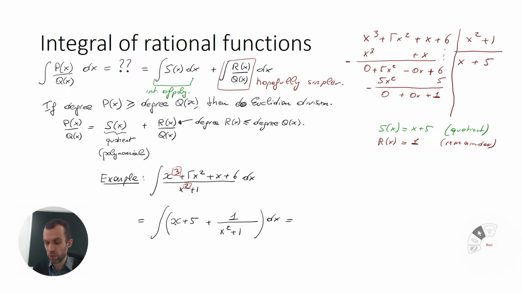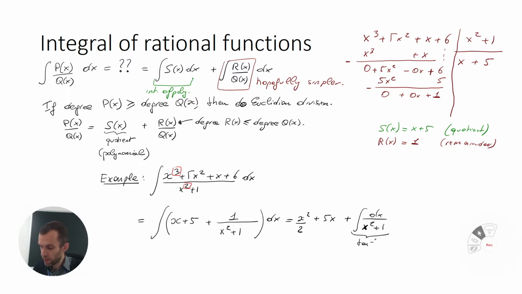And so now this is good because the integral of x, that's x squared, oh sorry, x squared divided by 2, small mistake there, the integral of 5 is 5 times x, and then the integral of 1 over x squared plus 1, so this is one that you should definitely know by heart or know how to look up because it comes back over and over again.